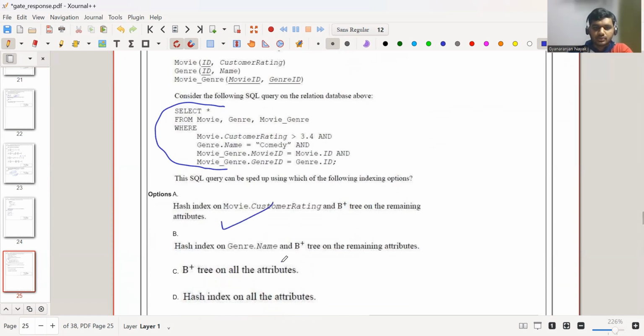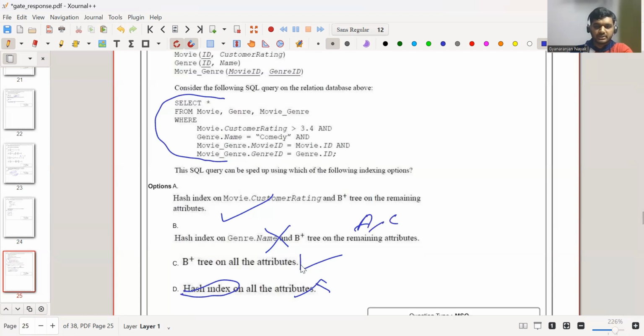It is also true because a hash index can apply and a B plus tree for the remaining attributes. A hash index can apply on customer rating. B plus tree on all attributes is also true. Hash index on all attributes, no. So here the answer is A and C. We will proceed for next.